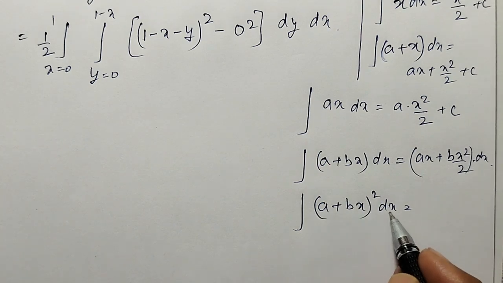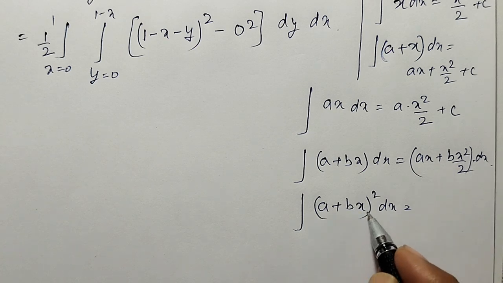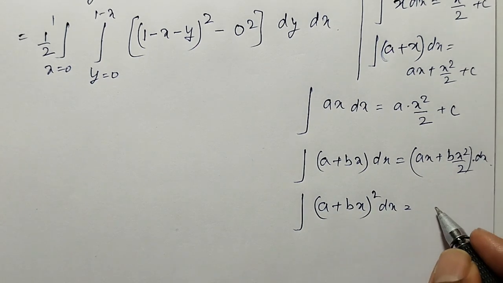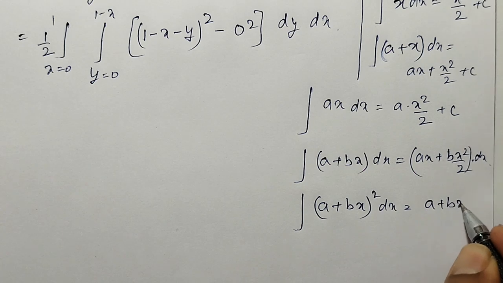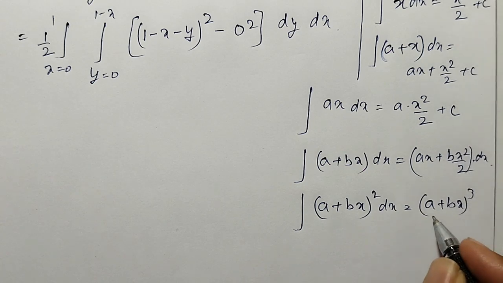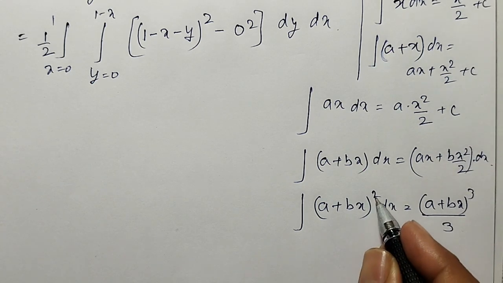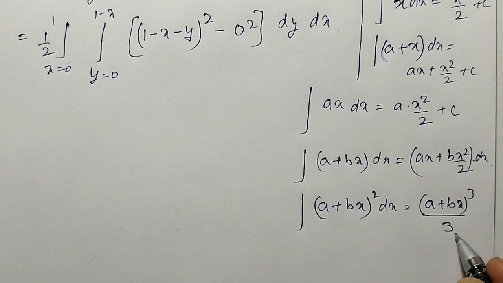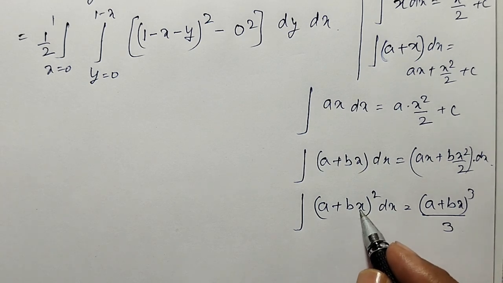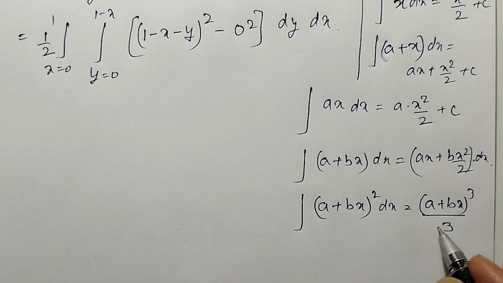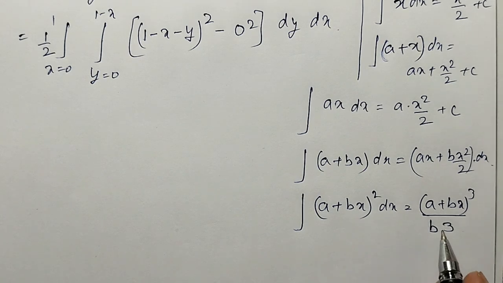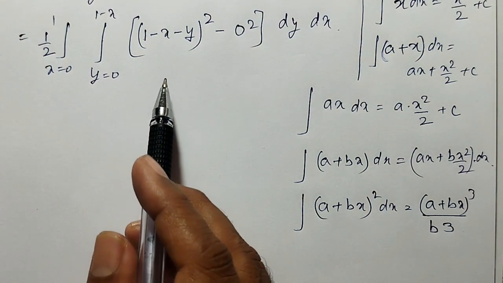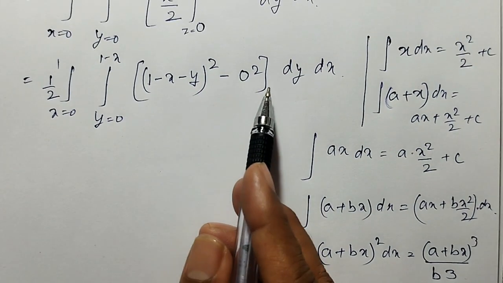You can expand it and then integrate, or directly I can integrate it as a plus bx whole raised to 3 divided by 3, because of this n plus 1, and due to the coefficient of b I have to divide by b again. This is the formula I am going to use, to integrate this with respect to y now.